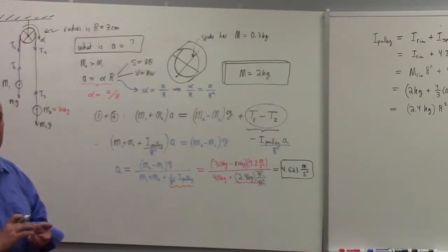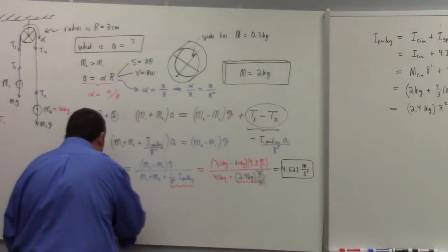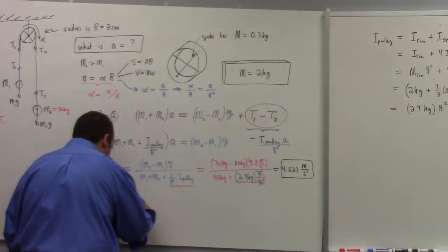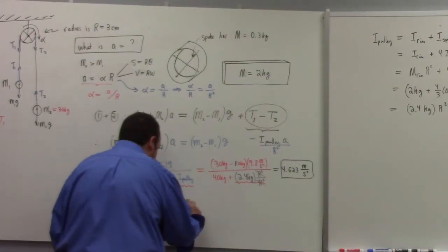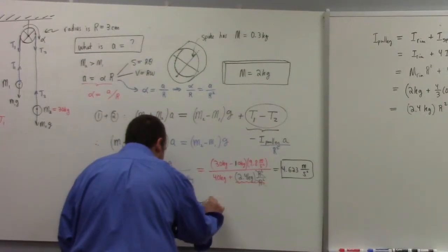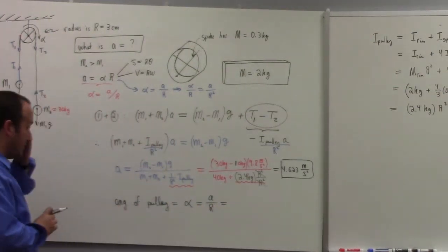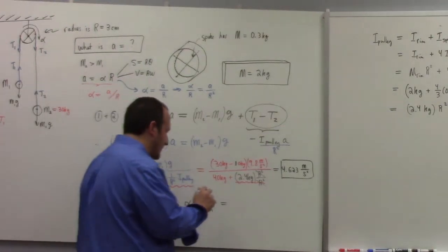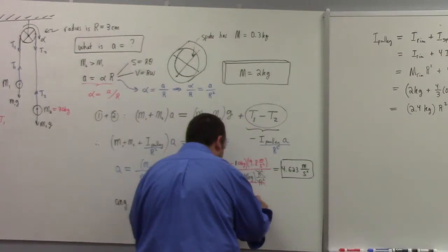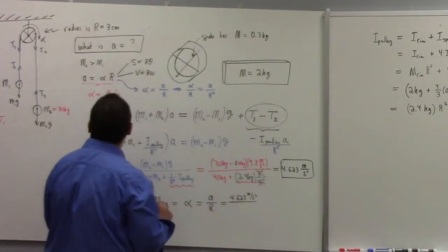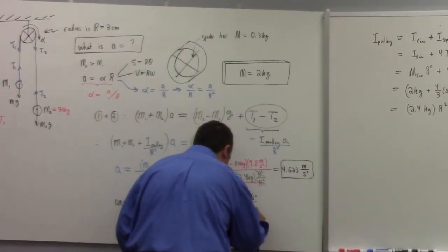Now, related question, what's the angular acceleration of the pulley? Alpha, right? How's that related to a? That's a divided by r. So what's that equal to? We would take 4.623 meters per second squared and divide by the radius, which was 0.03 meters.